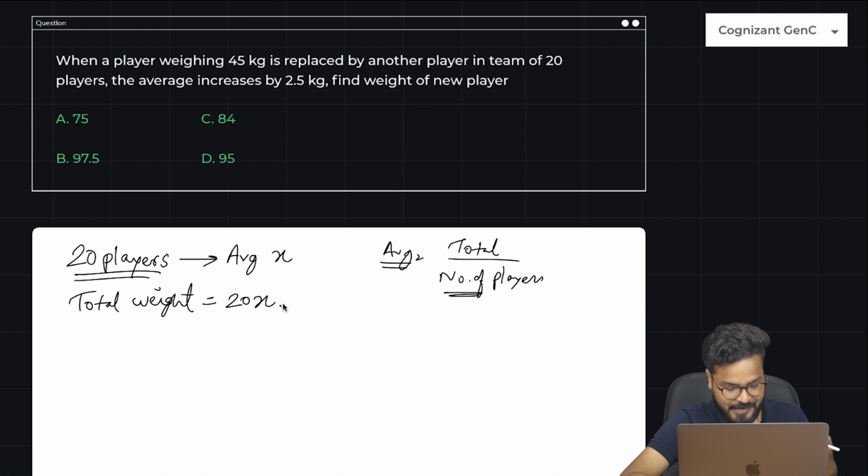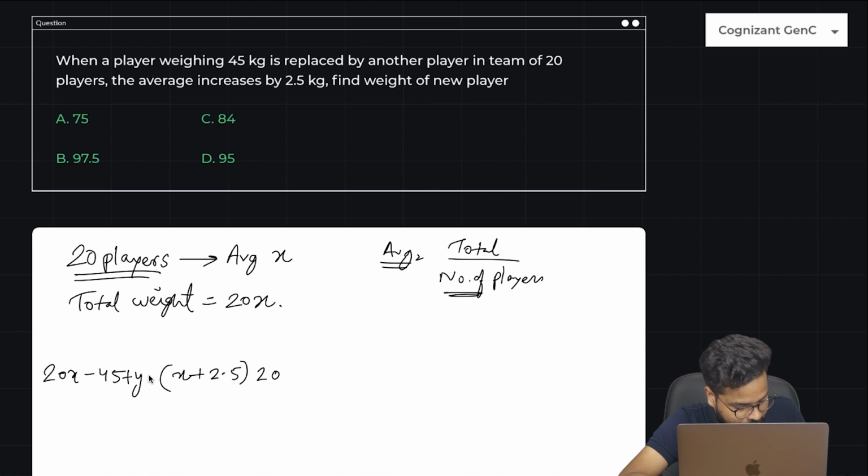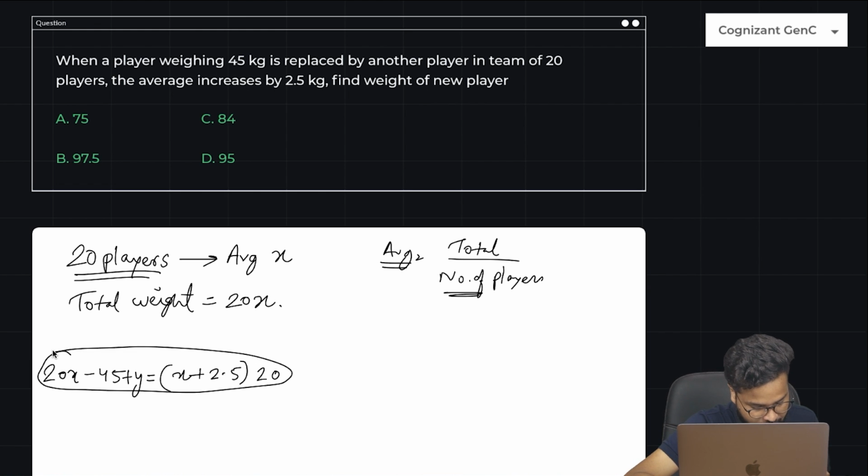What was the average after this transition happened? One player of 45 kg left and another came in. The average became x plus 2.5, into 20. Right? How normally people would solve is 20x minus 45, a player left, plus some y would be equal to this. So 20x and 20x would go and you would be able to find the value of y from here.